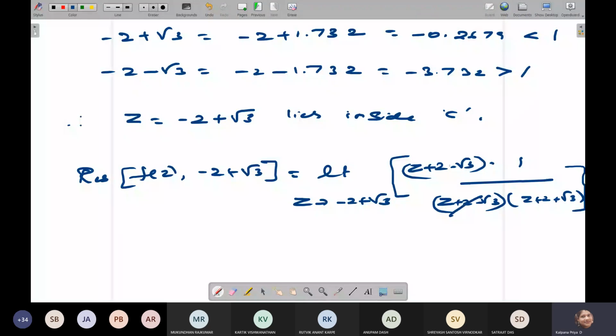So this is getting cancelled. While substituting the value, we get minus 2 plus root 3 plus 2 plus root 3. So 1 by 2 root 3. So this is the residue. Now substitute in 1.